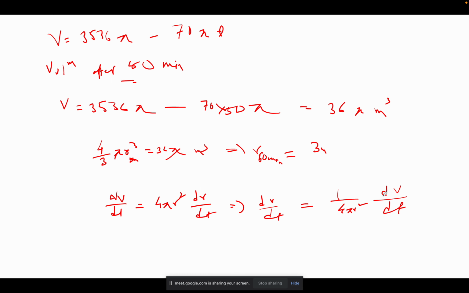We know the value of dV by dt, we know the radius after 50 minutes. So that will be 1 by 4 pi into 3 square into dV by dt, which is your minus 70 pi. So I will put all this, and I will get this answer as minus 35 by 18.